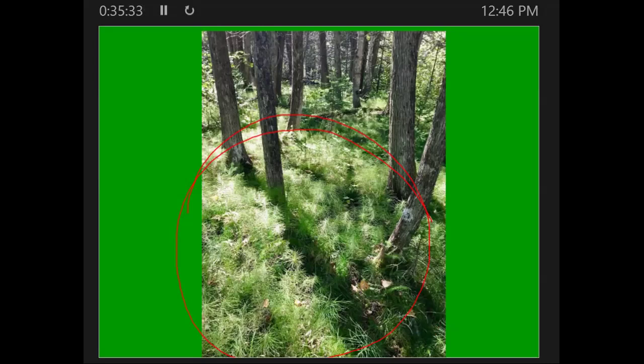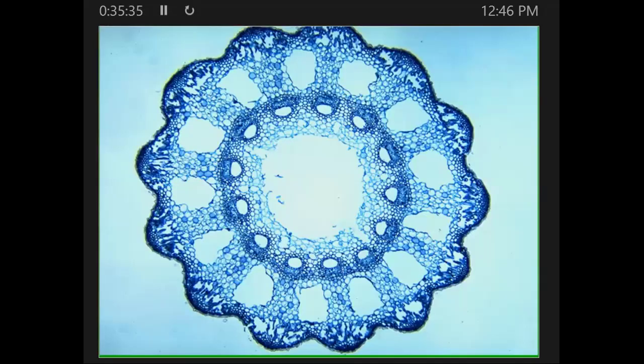And because they live in damp areas, they tend to not have a huge amount of xylem. They tend to have a hollow central area, and all of this is just hollow open spaces. And then the xylem and phloem are in this region here.